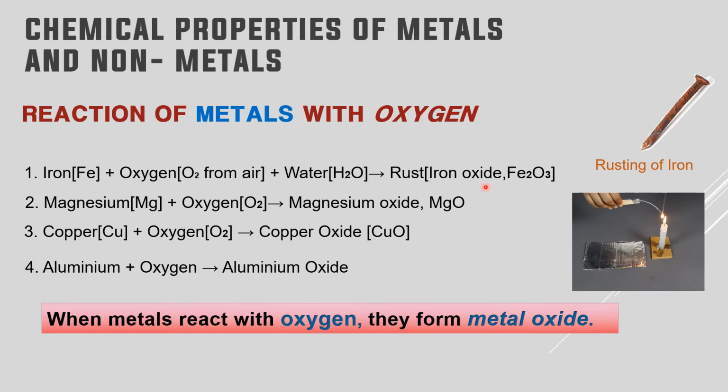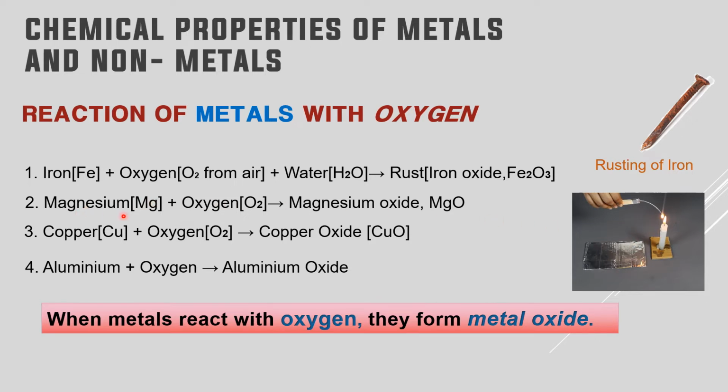And a second example is magnesium ribbon. I think I showed this last year. This magnesium ribbon burned. In burning, the oxygen gas helps. So magnesium reacts with oxygen. Got it?